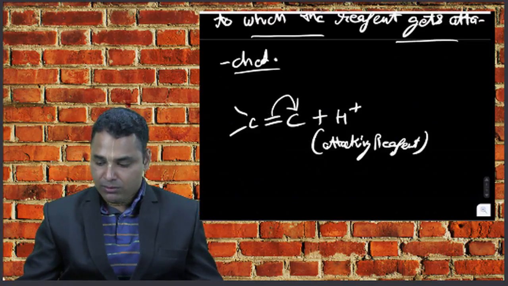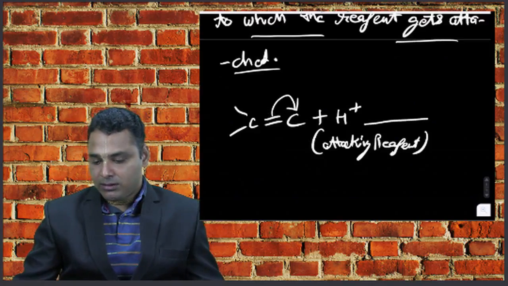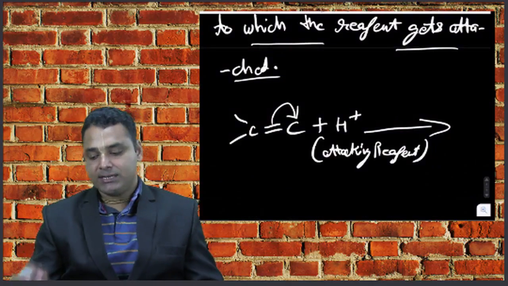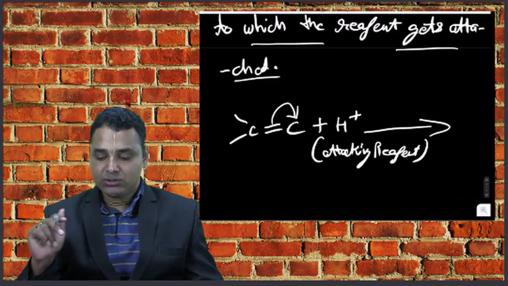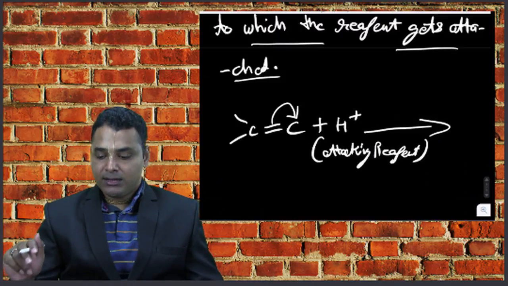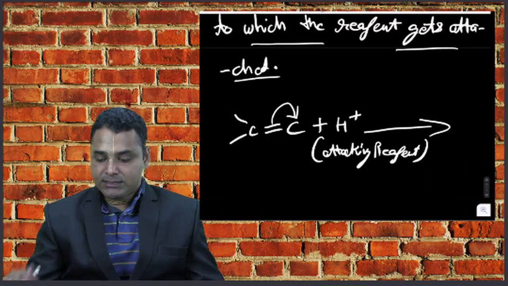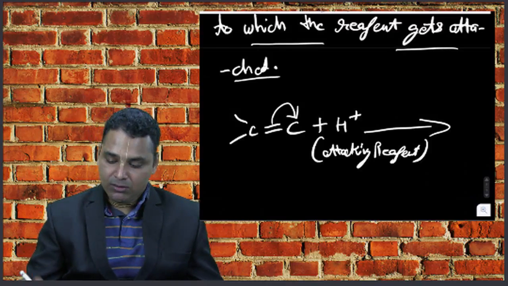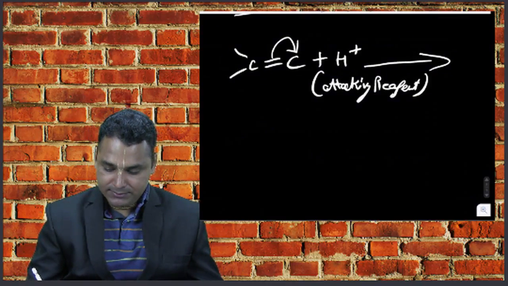Now if this attacking reagent, this H plus, is going to attach to this C where the electrons have been shifted, then this effect is called plus E effect. Suppose now the product has become like this.